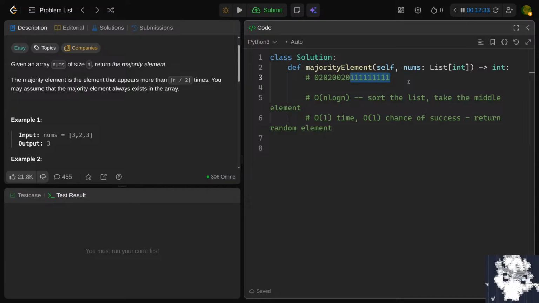Well, my best idea so far is to sort the list and grab the middle element. I'm sure there's some other clever thing like that you can do where you can figure out the element by a property that it has from the fact that it is the majority element without having to actually count them.